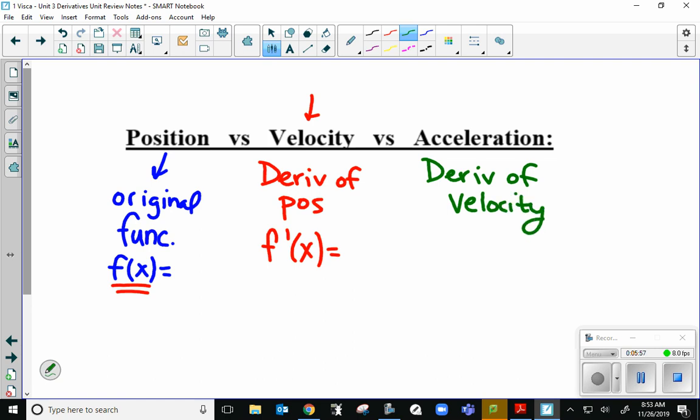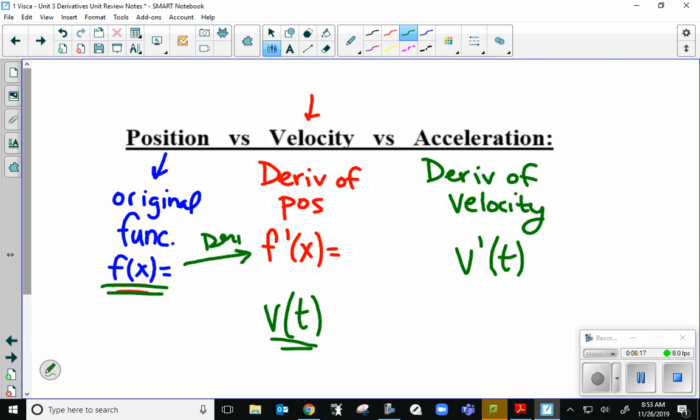Okay, now, if velocity is v of t, let's say they give you some velocity. The derivative of velocity is acceleration. However, if they give me the original function, f of x, the derivative of the original function is velocity, and the derivative of velocity is acceleration.